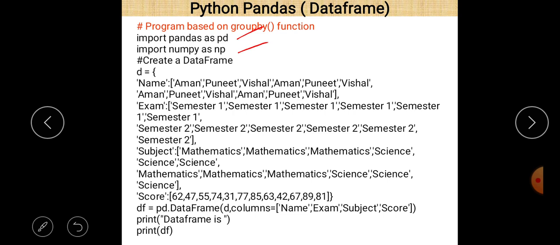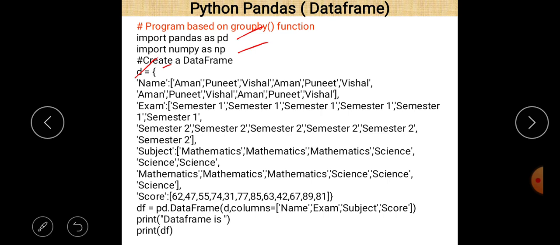Whenever we want to use a NumPy method, we just use np dot method name, and this is the same for pandas also: pd dot method name. So first there is a creation of a data frame, and the name of the data frame is d here. This is a dictionary.